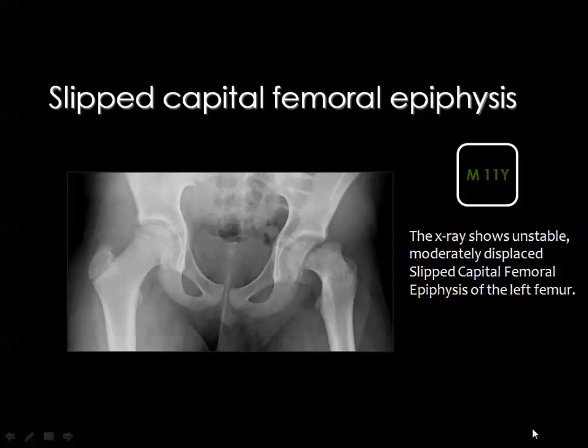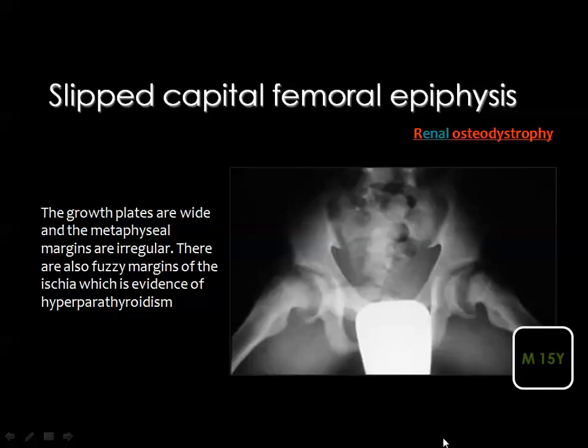And this is the moderate degree of slipped capital femoral epiphysis, which is evident in this frontal radiograph of the pelvis. This patient with renal failure and renal osteodystrophy, you see bilateral slippage of the capital femoral epiphysis.